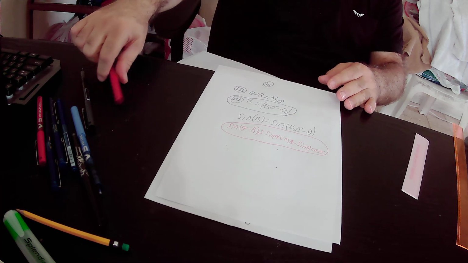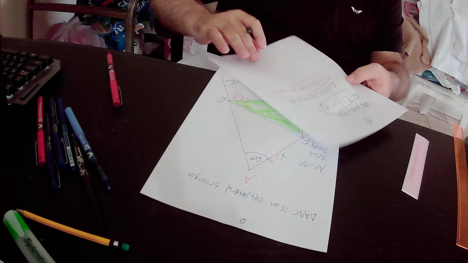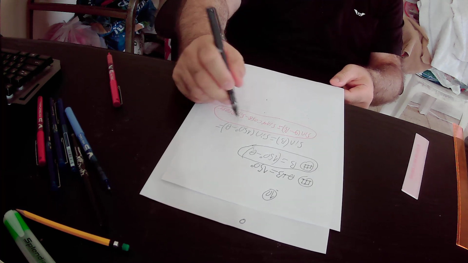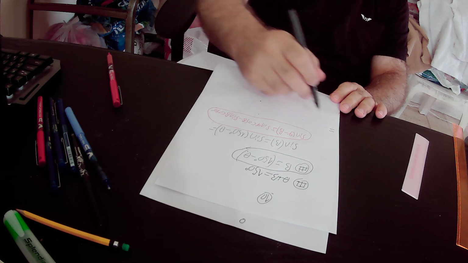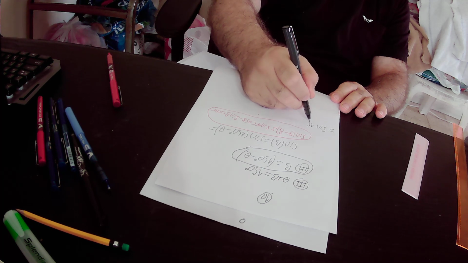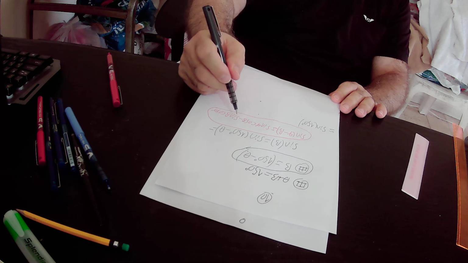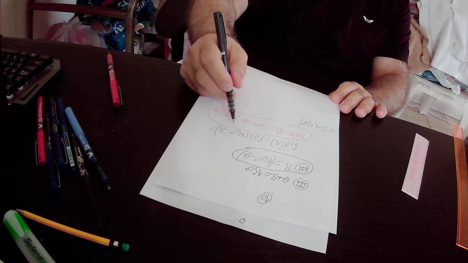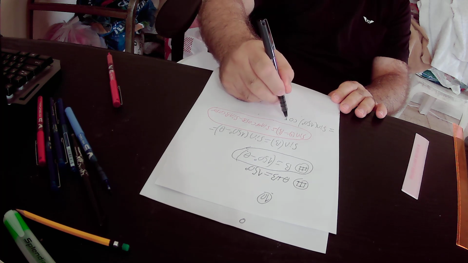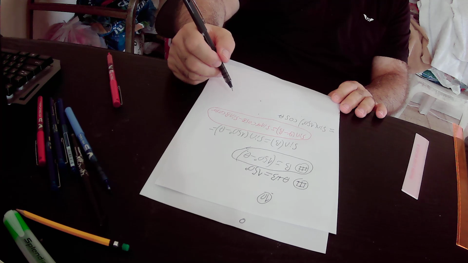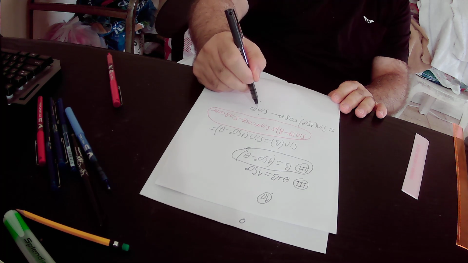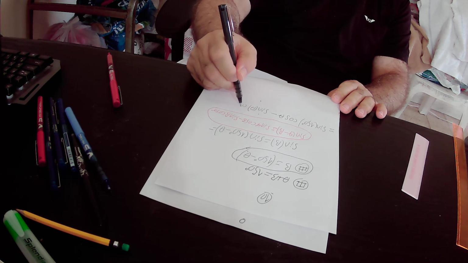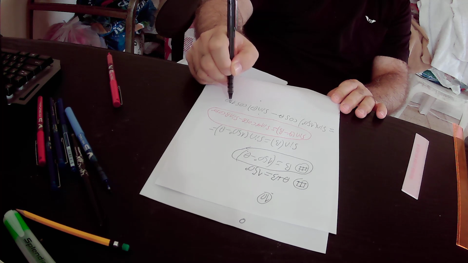Okay, so we will get that sin(150 degrees minus theta) equals sin 150 degrees times cos theta, minus sin theta times cos 150 degrees.